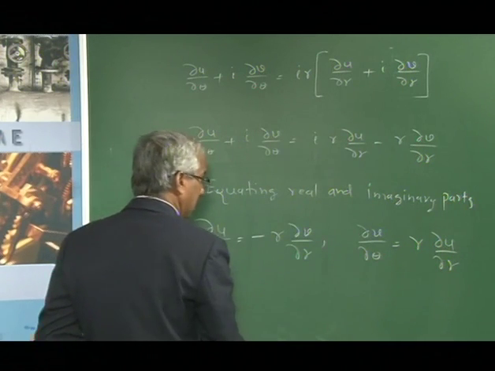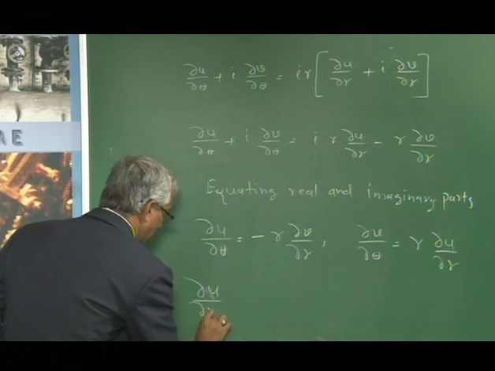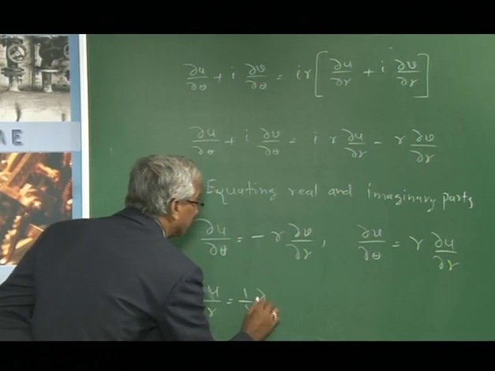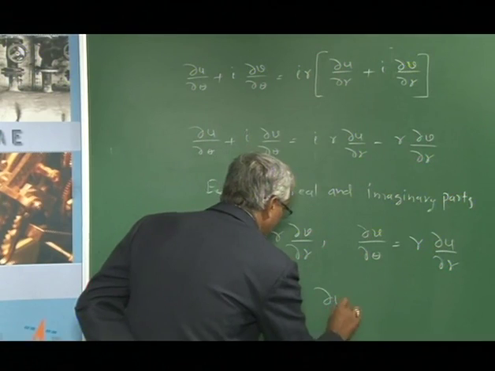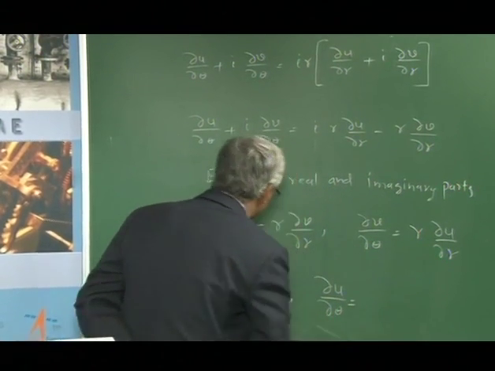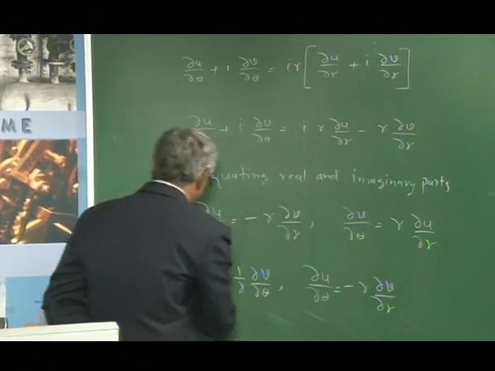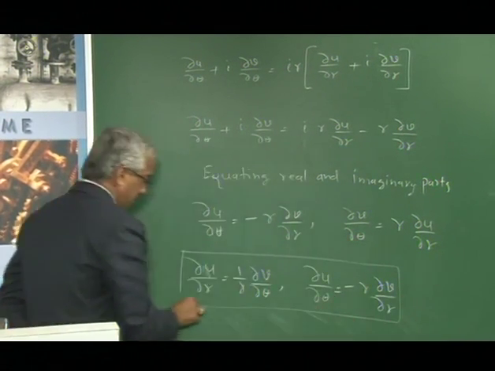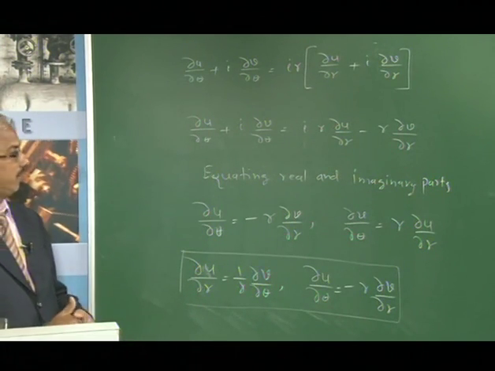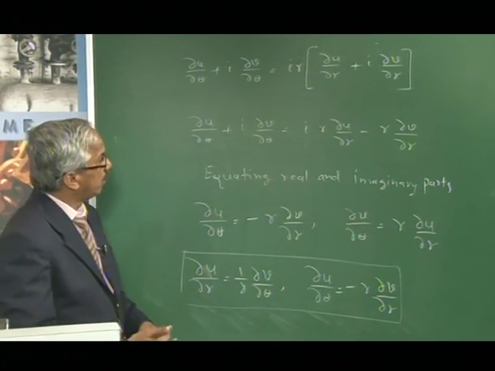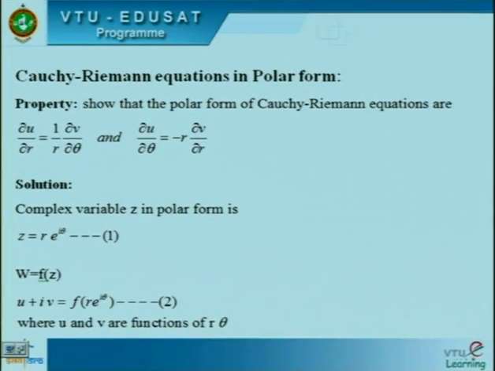I can rearrange this, therefore ∂u/∂r = (1/r) ∂v/∂θ, and ∂u/∂θ = -r ∂v/∂r. So these are the CR equations in polar form. The CR equations in polar form are this one, and the CR equations in Cartesian form are the previous one.